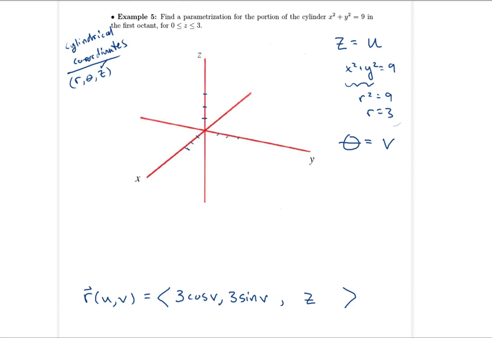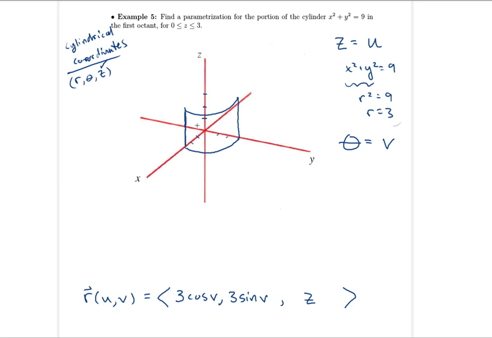So I've got to do that, but then I'm going to go up like this as well, and draw that part of the cylinder that's only in the first octant, where the z values go between 0 and 3. So we've got to specify that.